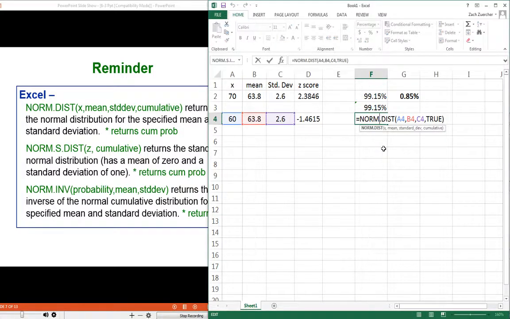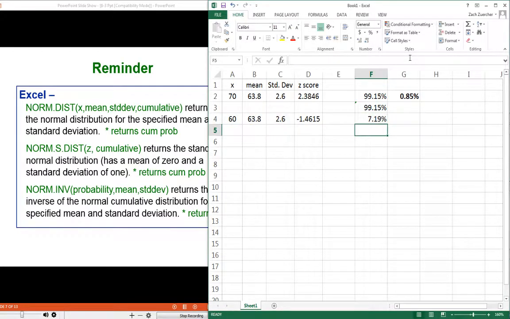That's the norm dist function using 60, 63.8, and 2.6 for our x, mean, and standard deviation. Now, does that make sense? Is that the answer we're looking for? Are we looking for 7.19?